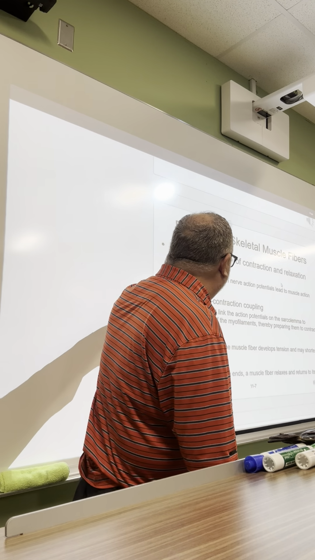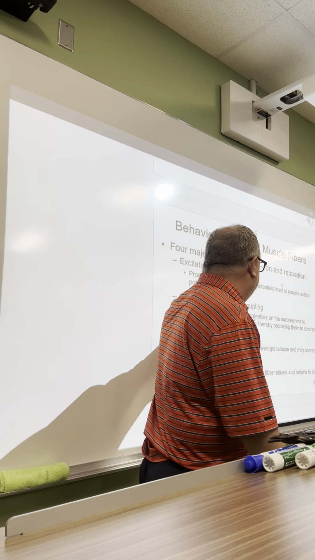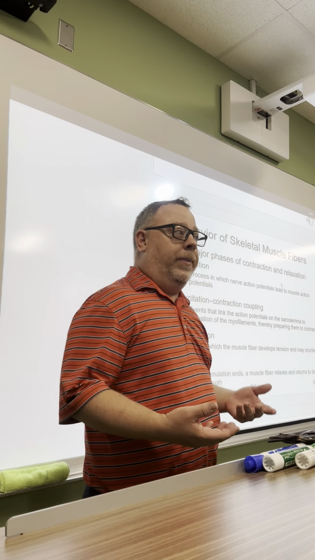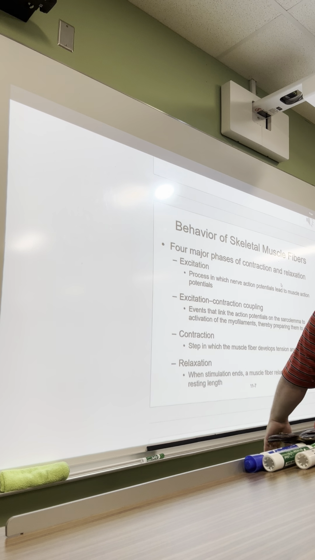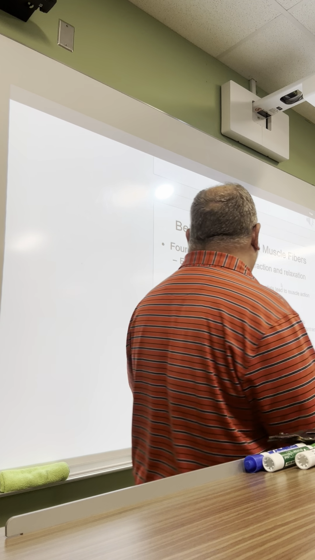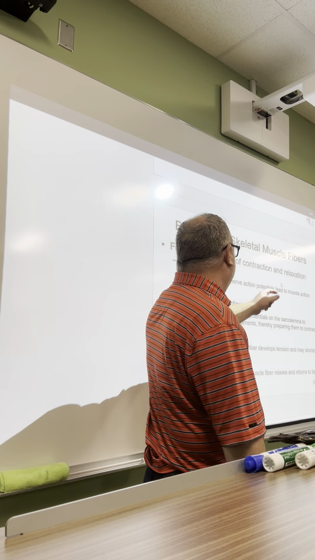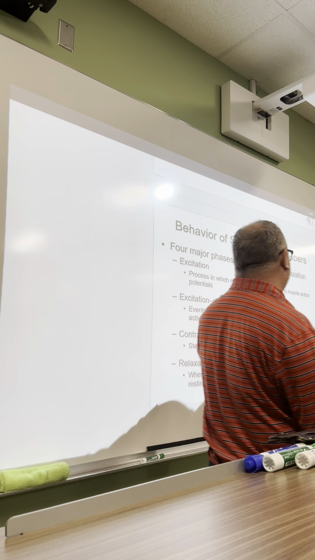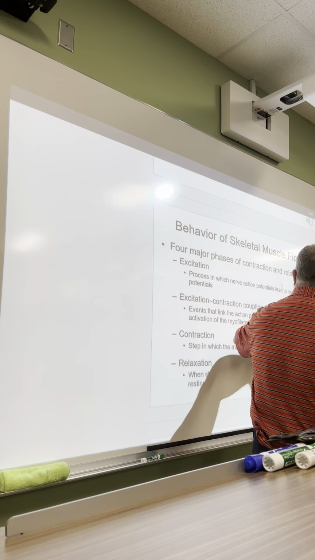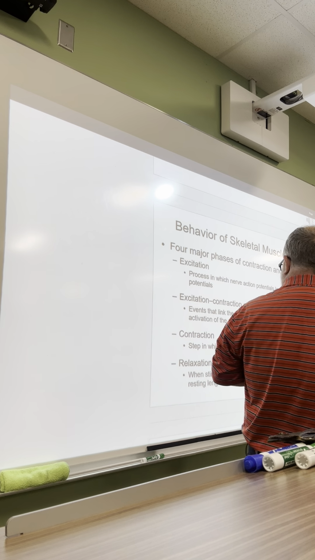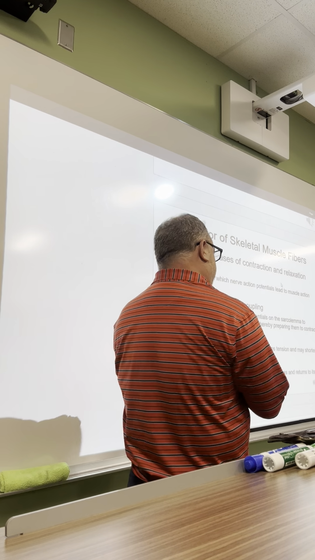Then we're going to have excitation and contraction, which is considered coupling. That's really where we're going to see that interaction of actin and myosin. It says the events that link the action potentials on the sarcolemma to activation of the myofilaments, getting them ready to contract. So we're getting them prepared.